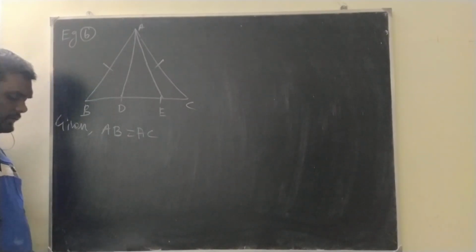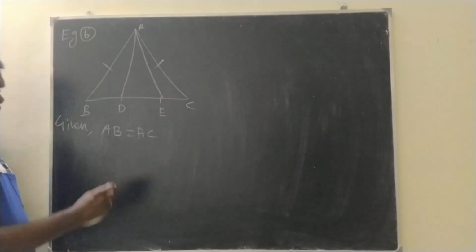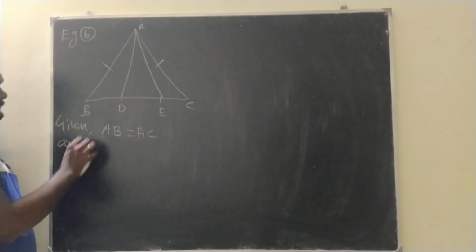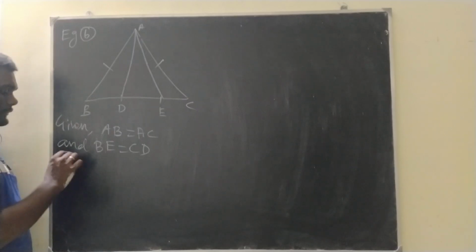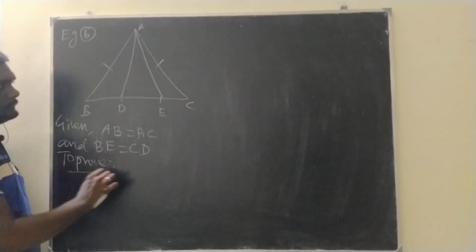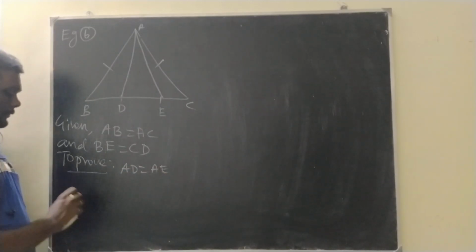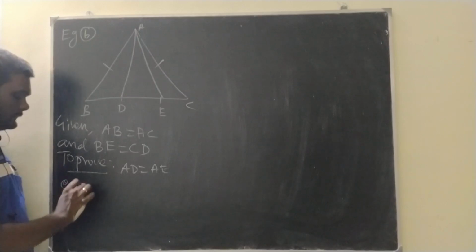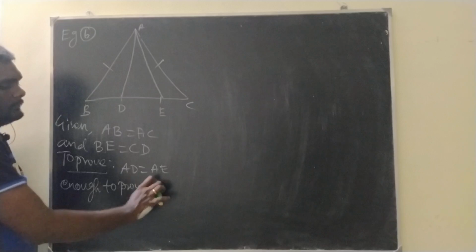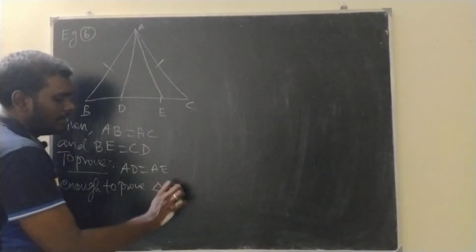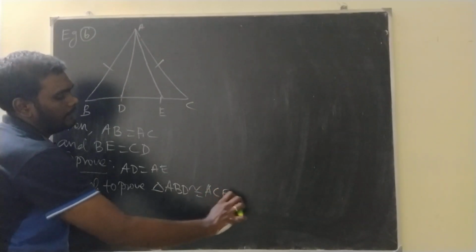How to prove those two triangles are congruent? BE is equal to CD is given. We need to prove AD is equal to AE. To prove that, it is enough to prove triangle ABD is congruent to ACE.